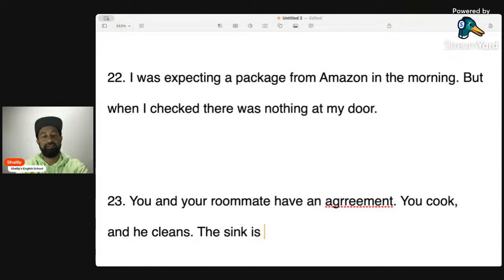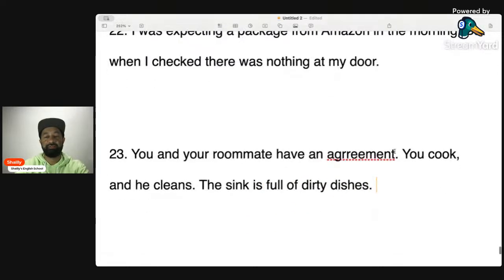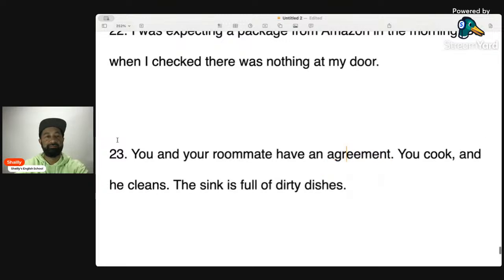The sink is full of dirty dishes. All right, so you and your roommate have an agreement. The agreement is you cook and he cleans. Right now, currently, the sink is full of dirty dishes.